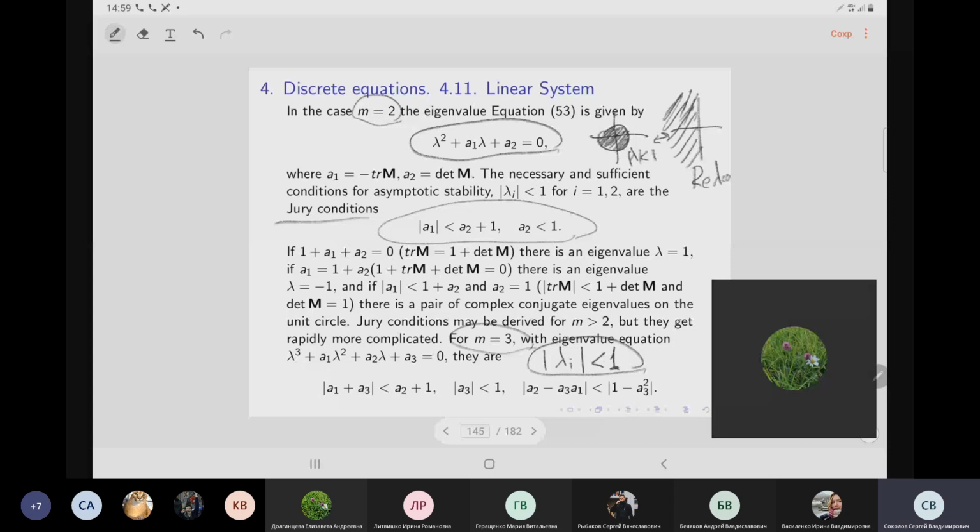We find the well-known stability conditions for the continuous case, and then they will be our stability conditions for the discrete case. But now I would like to focus on the Fibonacci rabbits.